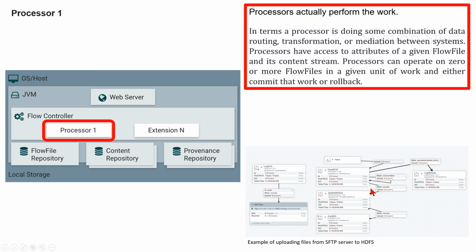After this, attributes are added to each file obtained by passing its name, which then are used by the put HDFS processor when writing the file to the final directory.